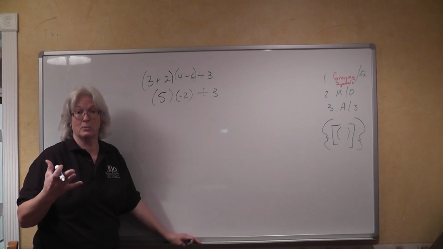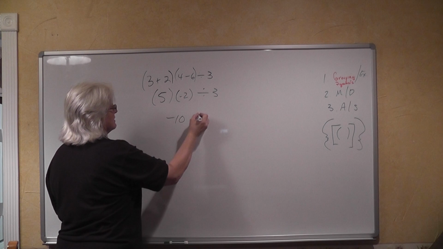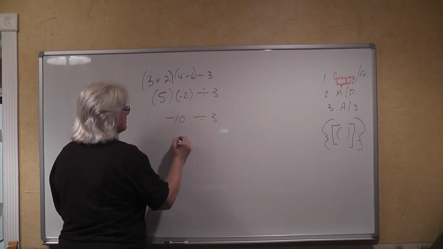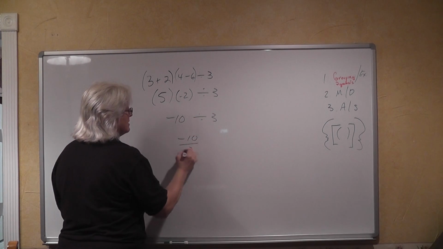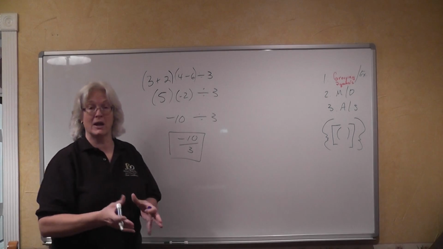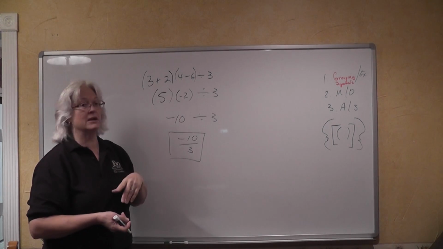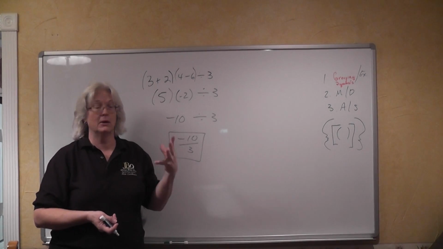Doesn't matter, whichever you're most comfortable with. Now we have 5 times a negative 2 is a negative 10, divided by 3, which is a negative 10 thirds. And that's a very different answer that we arrived at because we had these parentheses inserted.